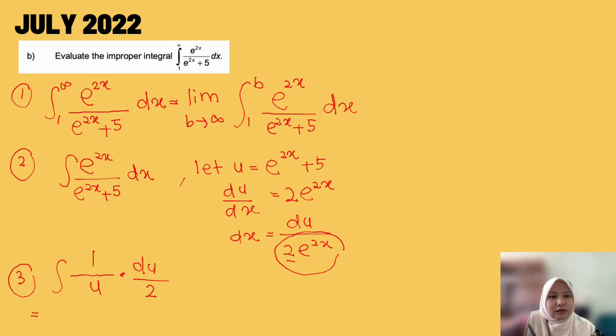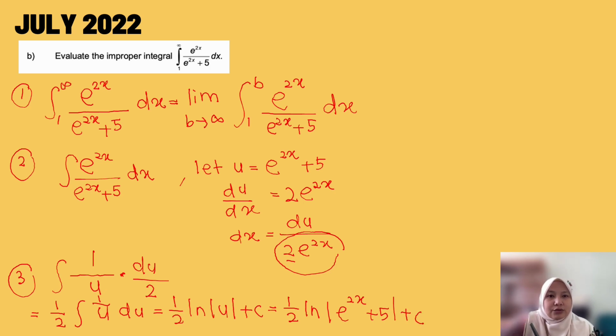So we have 1 over 2, integral of 1 over u du. So now we can integrate. We have 1 over 2 natural log u plus c. And then we need to substitute back our u. So 1 over 2 natural log exponent 2x plus 5 plus c.